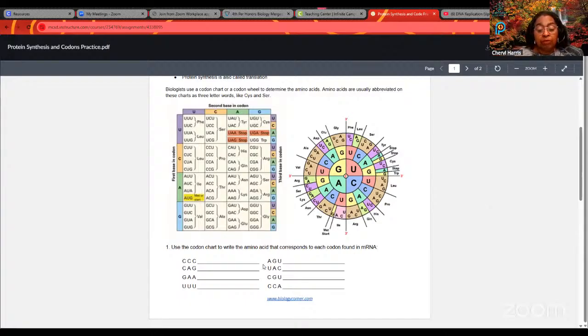Let me go over on the other side to the AGU. My first letter is A, so that tells me it's in the third row. My second letter is G, so when I come up to the top, that's the 4th column.